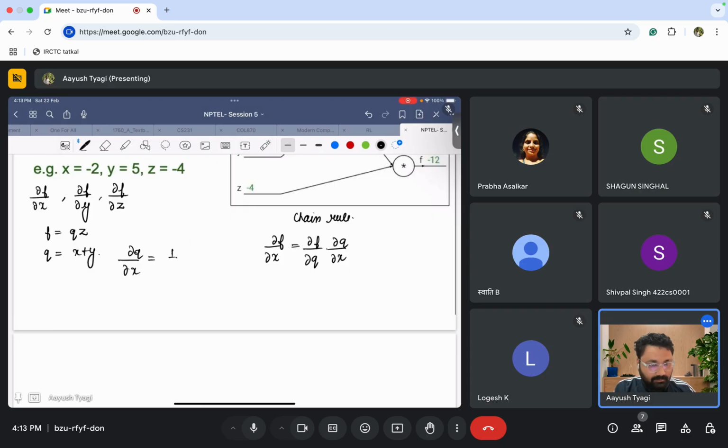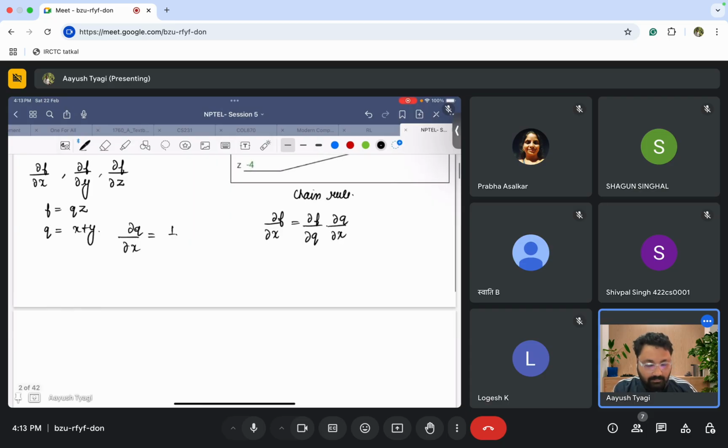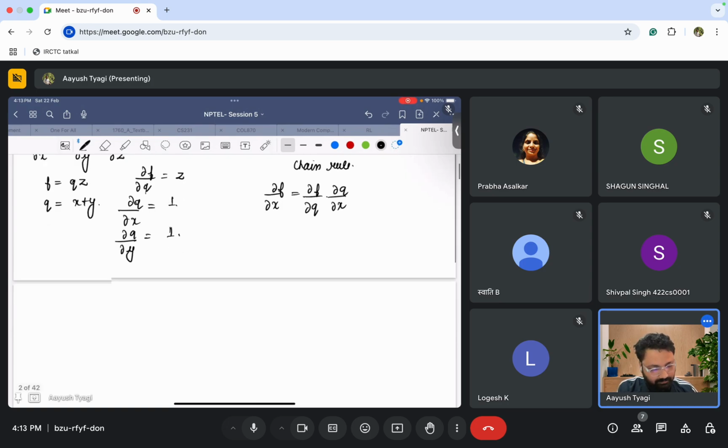One, right? The derivative of q with respect to y is also one. The derivative of f with respect to q is z. So let's just feed in the values here.